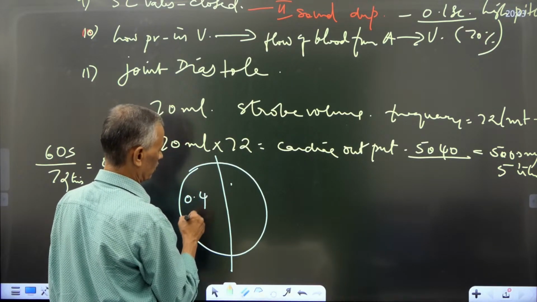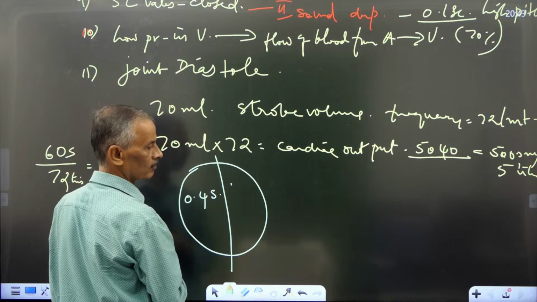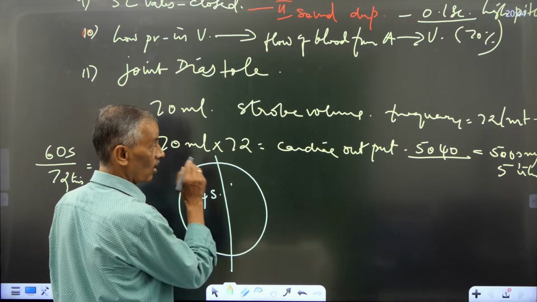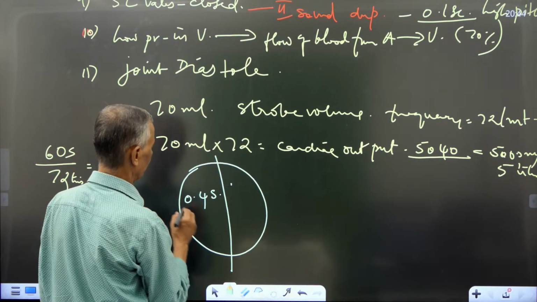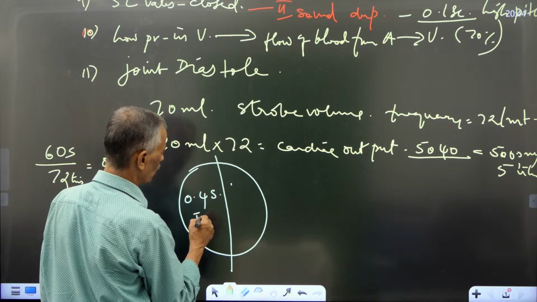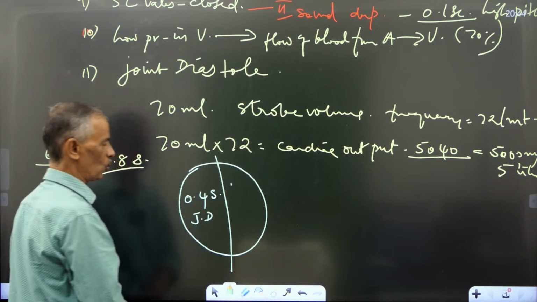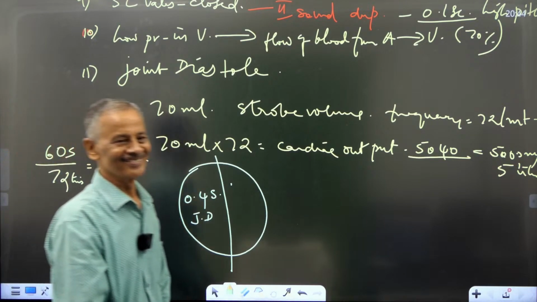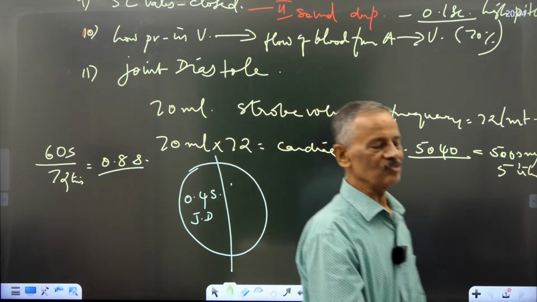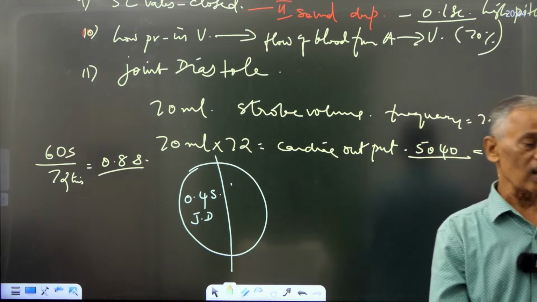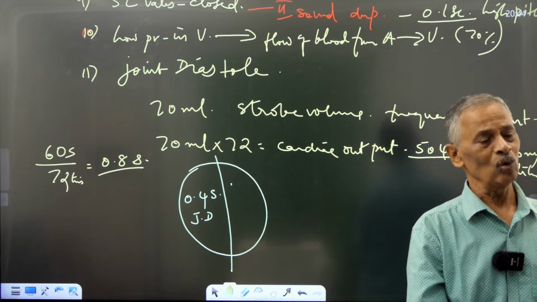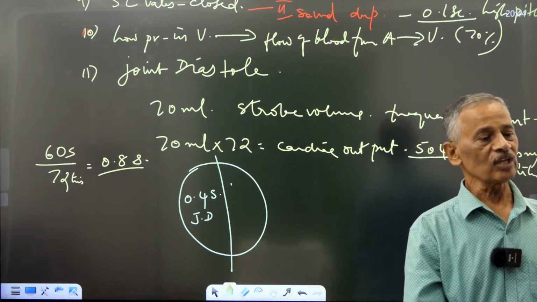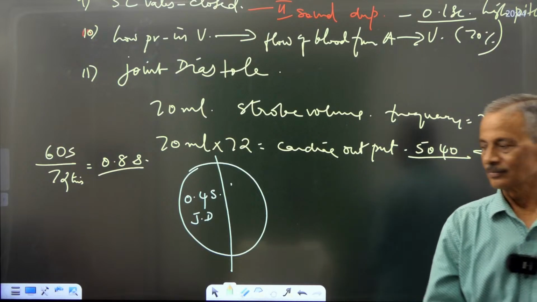Point 4 seconds, that is half of the 0.8 second, is the time for systole and diastole. Half of the time the heart is relaxing. Don't think that the heart is getting no relaxation. For most of the time, the heart is relaxing.